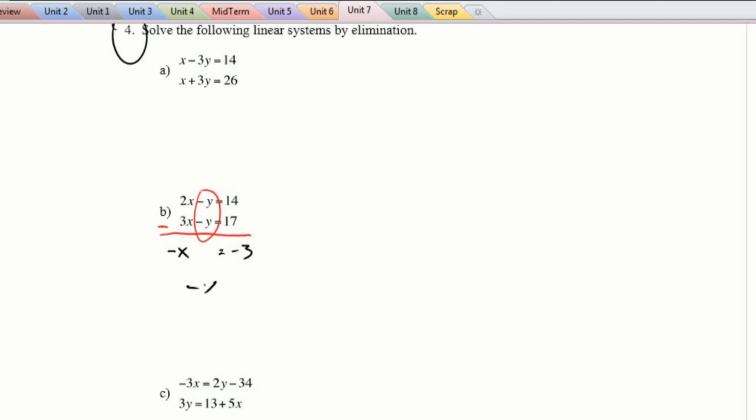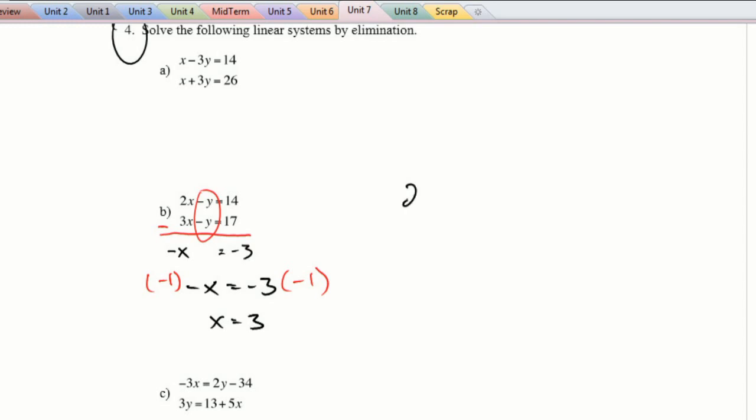So I have negative x equals negative 3. There's kind of 2 ways you can look at this. I think the easiest way for me is I have negative x, so I'm just going to multiply everything by negative 1. Or you can think about switching sides, or you can think about dividing by negative 1. Any way you slice it, you're going to end up with x is equal to 3.